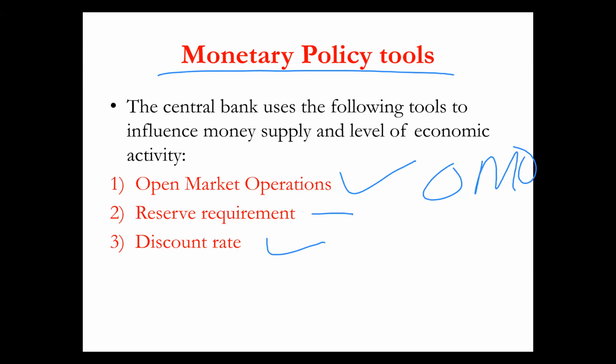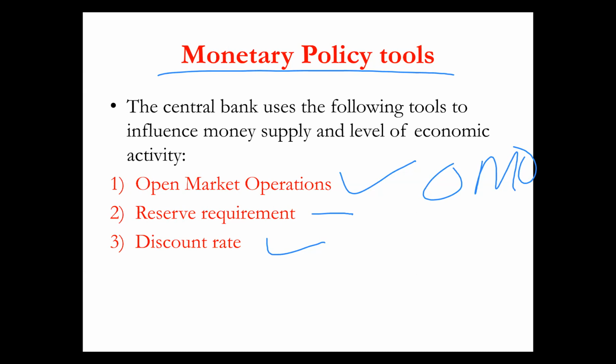So when we have too little money in circulation, the government comes in through the central bank. The central bank will need to supply more money in circulation. And again, when you have too much money in circulation, the central bank will come in and reduce the supply of money, reduce some money in the economy.